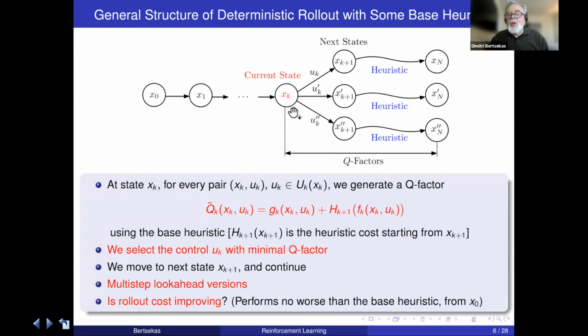Will the rollout trajectory have smaller cost than the trajectory corresponding to the base heuristic? That's what we mean by this question. Is the rollout improving the cost of the base heuristic starting from x0? That's an important theoretical question as well as a practical question. So that's what we're coming to now.